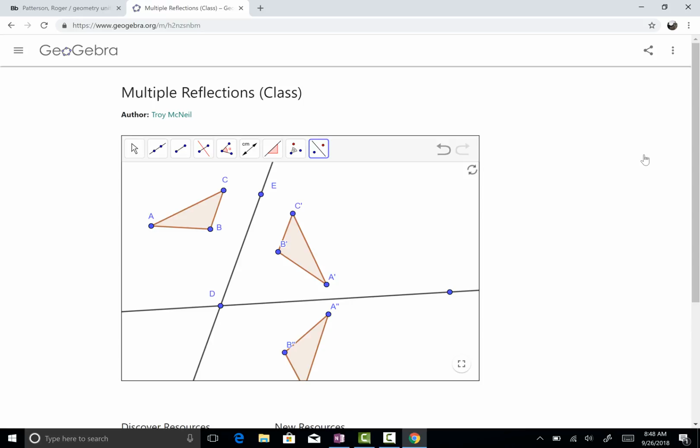So, let's look at this double reflection, and let's concentrate on the first triangle that we have. Okay, so let's compare these.